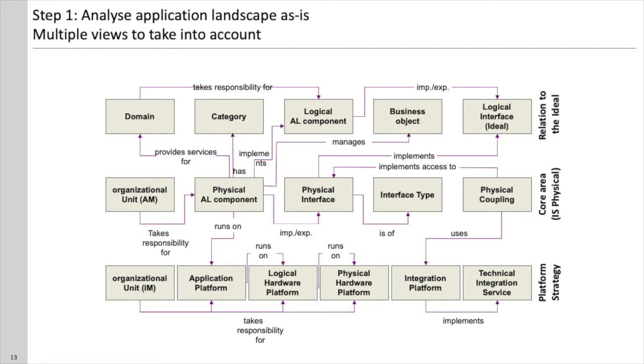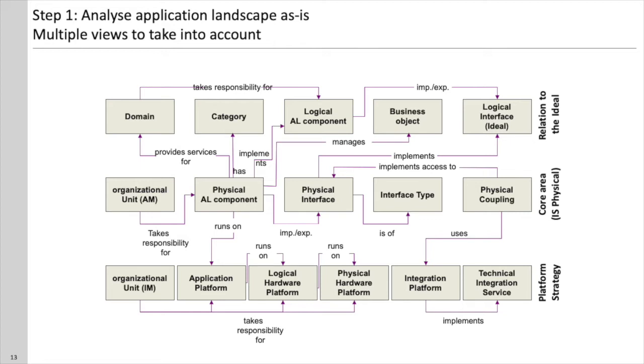This is where the physical information system component information lies that we have to analyze. And then we also have a layer below that, which we call platform strategy. You'll see in a second what's in there. And the third layer on top contains information about the relation to the ideal. But let's start in the middle, the core area, IS physical.